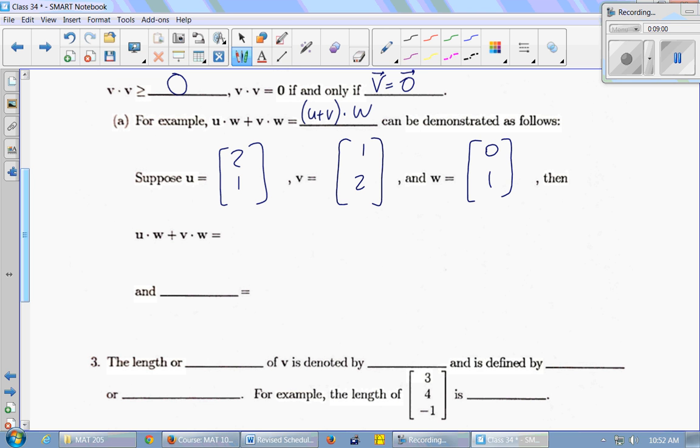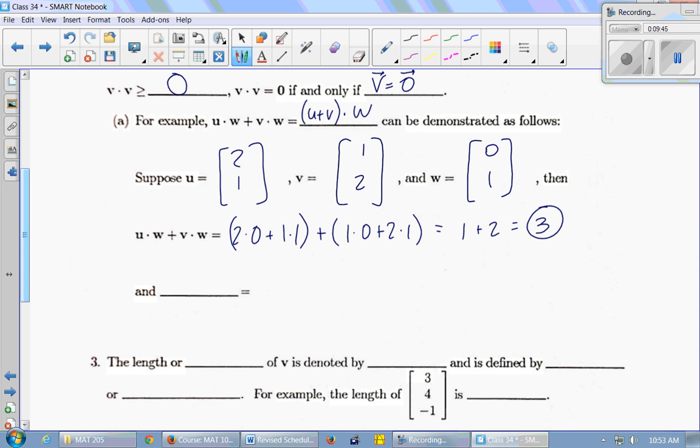All right, so U dot W plus V dot W. U dotted with W would be, you add them up, so that would be 2 times 0 plus 1 times 1. That's U dot W. And then V dot W would be 1 times 0 plus 2 times 1. So that's going to give me 1 plus 2, which is 3.